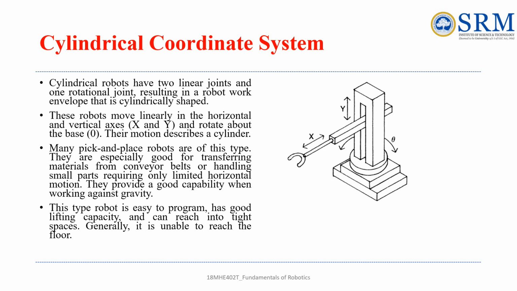They are good at working against gravity, easy to program, can lift heavy objects, and can access tight spots. Okay. However, they usually can't reach the ground. Okay. This is about the cylindrical coordinate system.